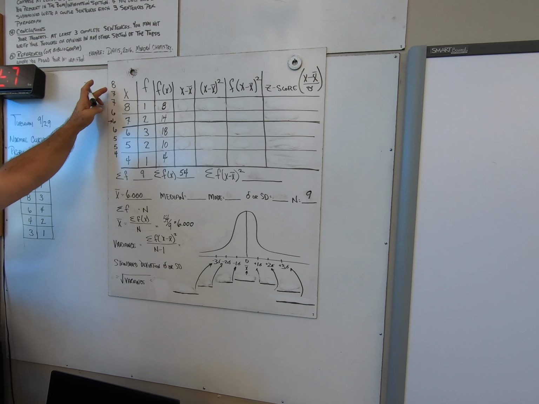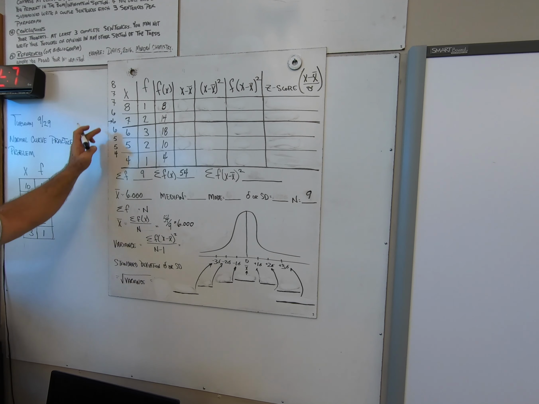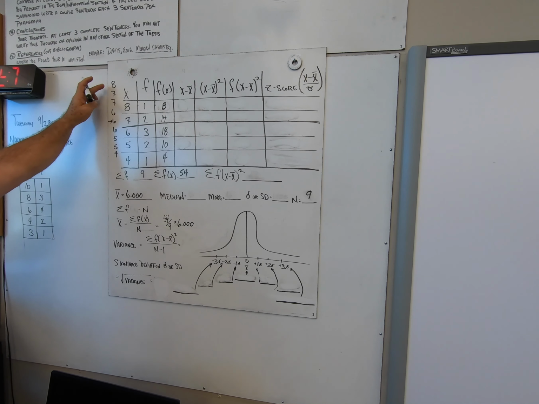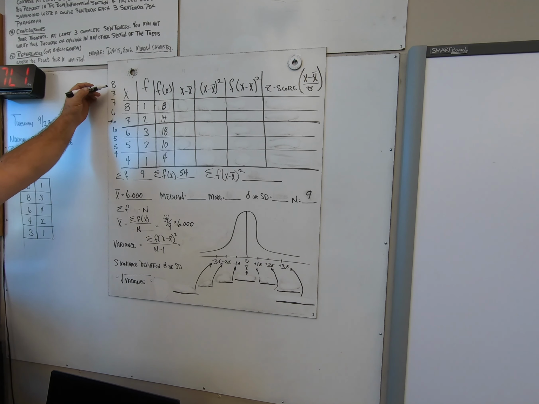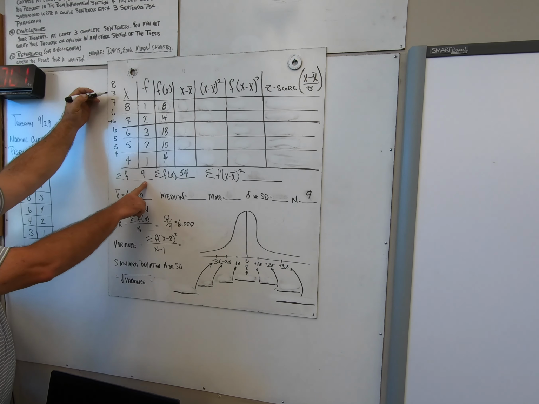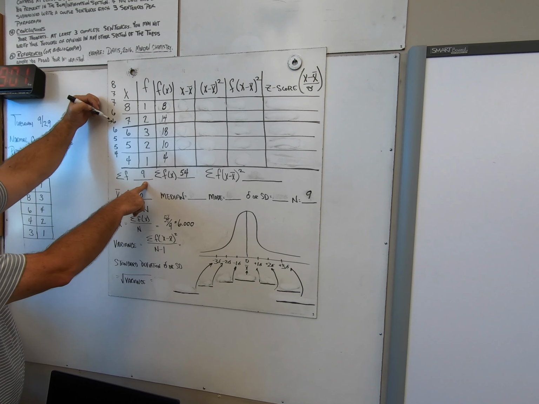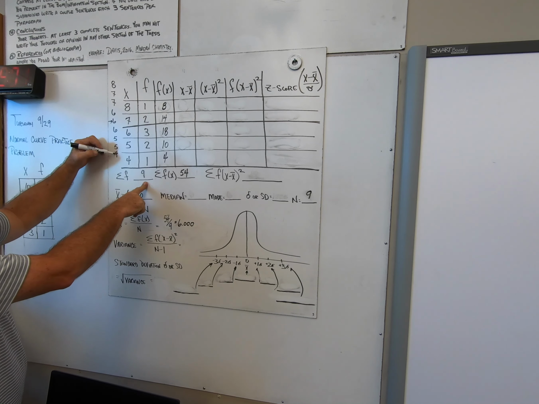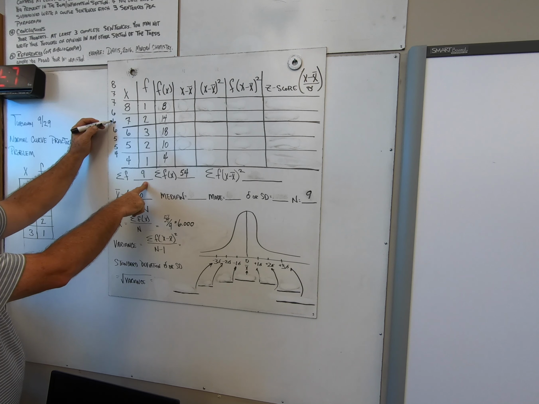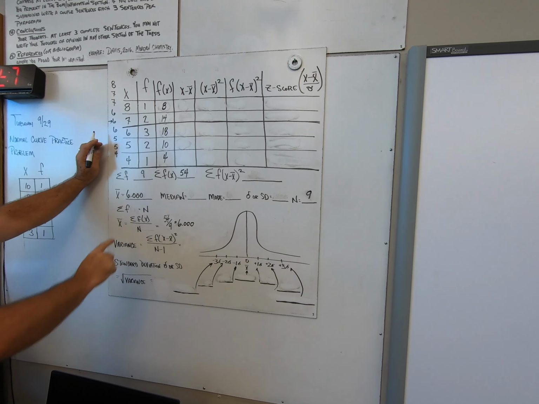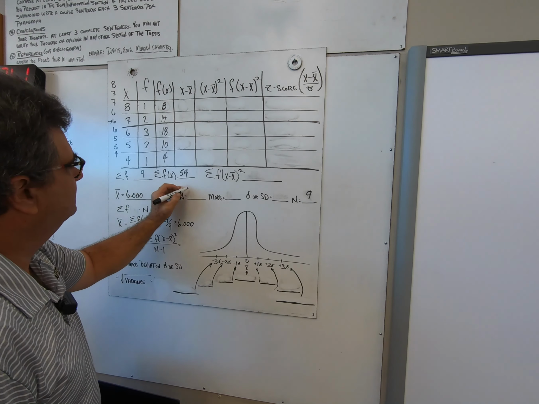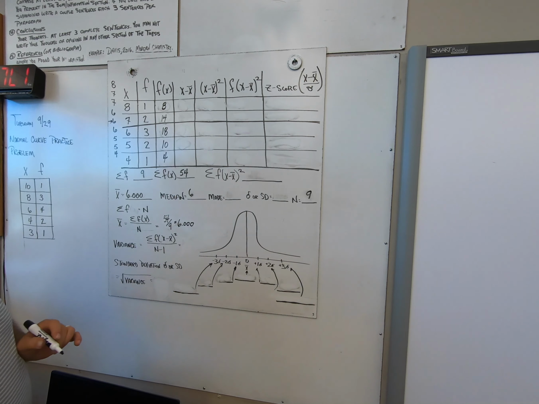Rank order means from greatest to least or least to greatest. So I rank ordered our data over here, and then there's 9 of them. There's 9 numbers, so the 5th one is going to be the middle. 1, 2, 3, 4, 5 from either end. 1, 2, 3, 4, 5. So the median is also 6. Do you remember what the mode is?